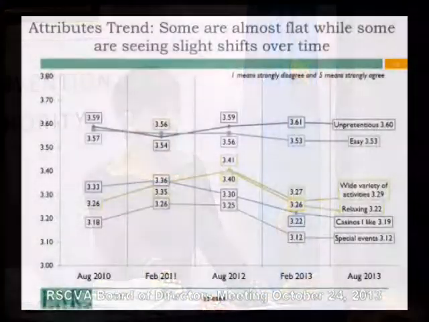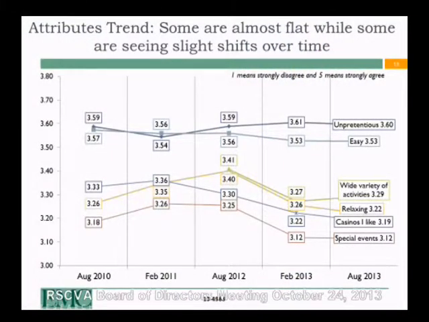Those have been strong and good attributes. What's interesting here are some of the ones that have shifted. So has a wide variety of activities really peaked in August of 2012, and then had a bit of a drop. So when we talked about it a lot in 2012, and now we have less agreement that it has a wide variety of activities.